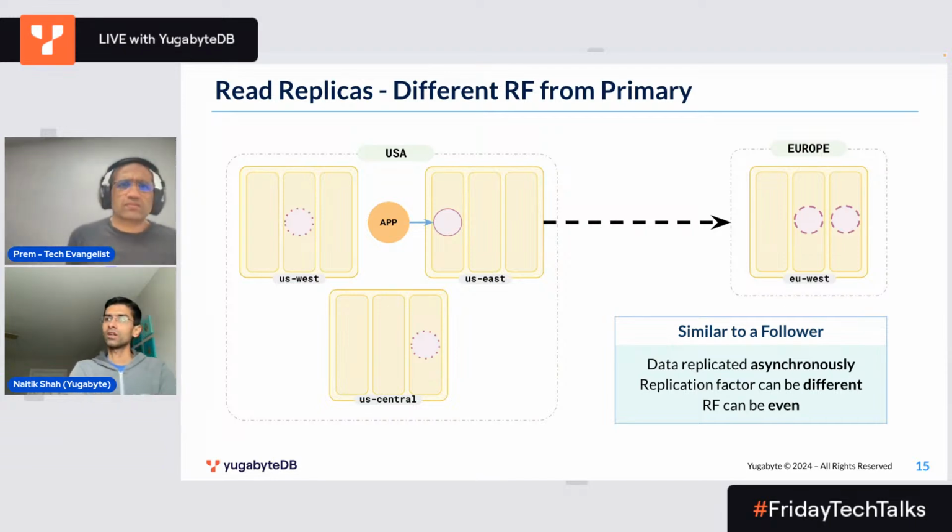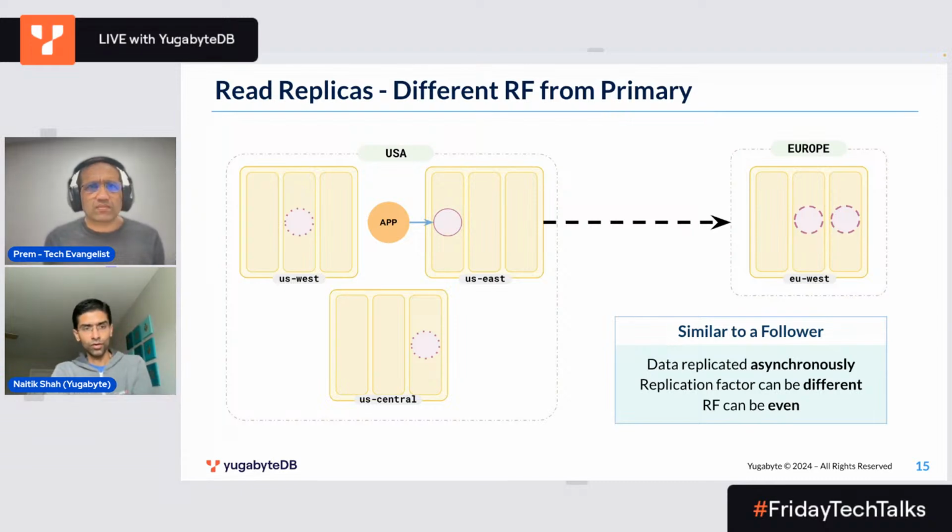It does not wait for any acknowledgement or participate in the consensus. So you can even set up a replication factor which is different from the primary. It could be even. There is a lot of flexibility that you can have at a comparatively cheaper cost to set up read replicas overall.